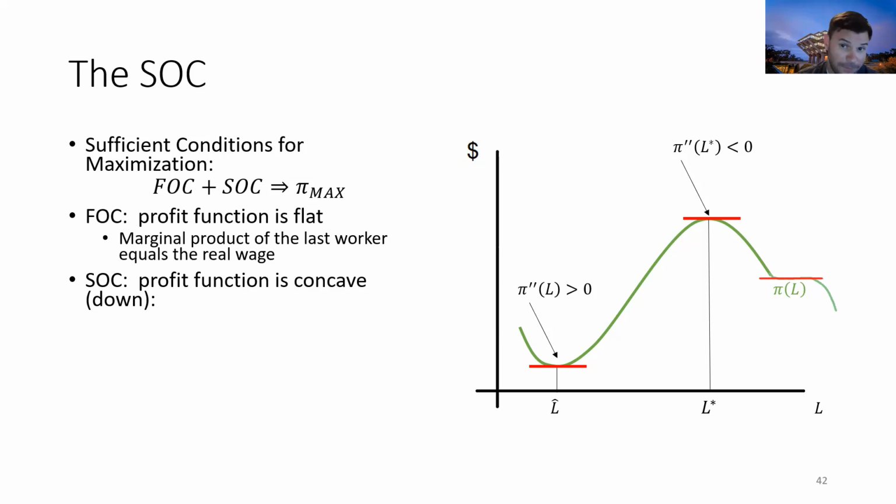What that implied for us, we saw a moment ago, was that the marginal productivity of that input had to diminish, right? The second derivative of the production function itself had to be negative.